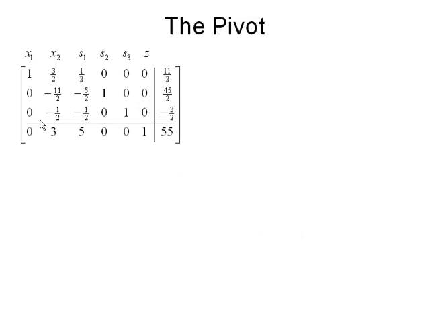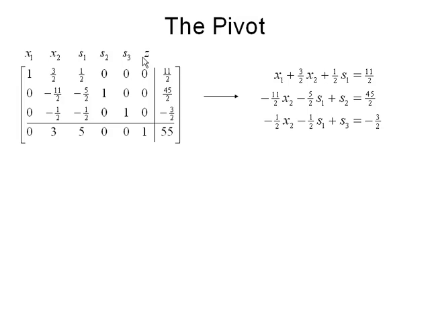Now I'm going to see what's the basic feasible solution that corresponds to this matrix. The first thing I notice is my basic variables correspond to the x1 column, the s2 column, and the s3 column. It's always the columns that have the zeros and the ones, from x1, x2, s1, s2, s3.